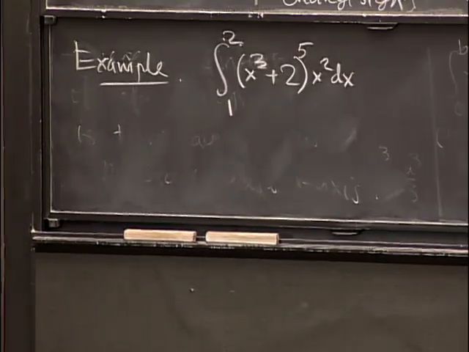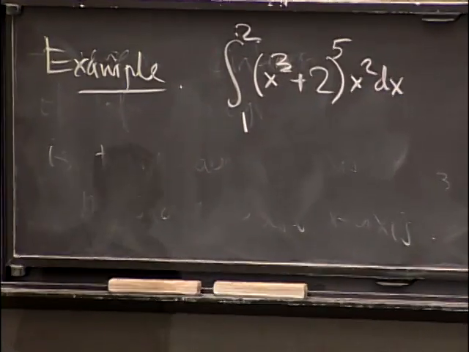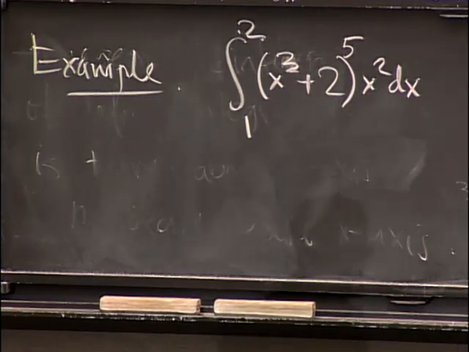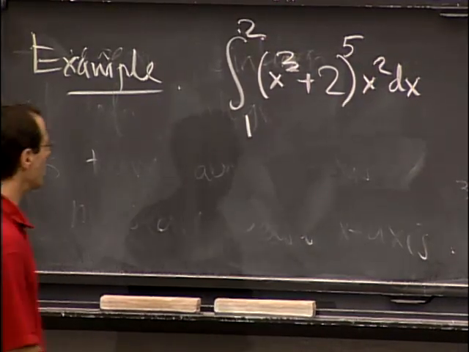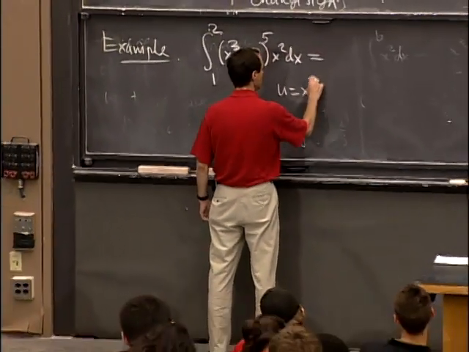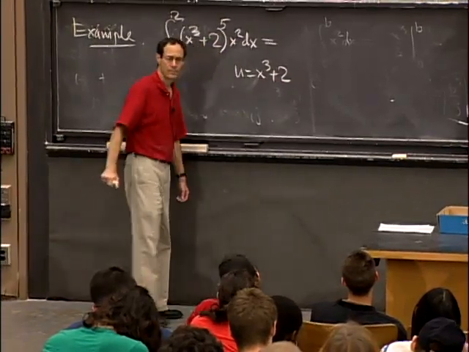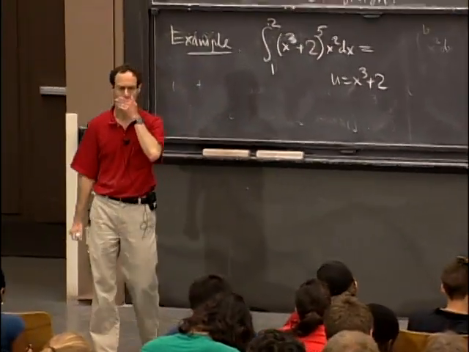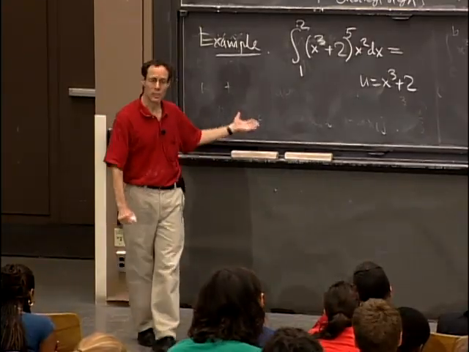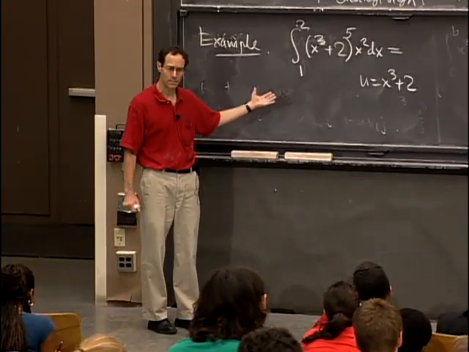This is an example of an integral that we would have tried to handle by substitution before. And the substitution we would have used is u equals x cubed plus 2. And that's exactly what we're going to do here, but we're just going to also take into account the limits.